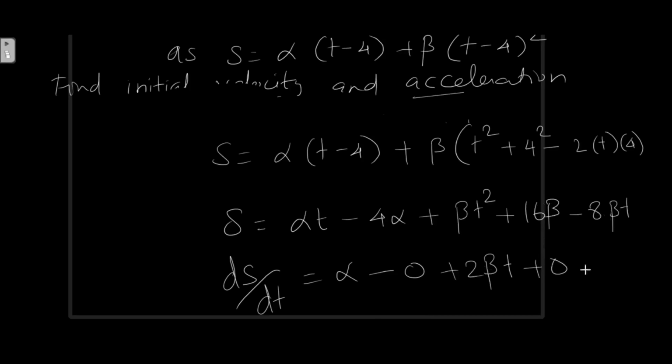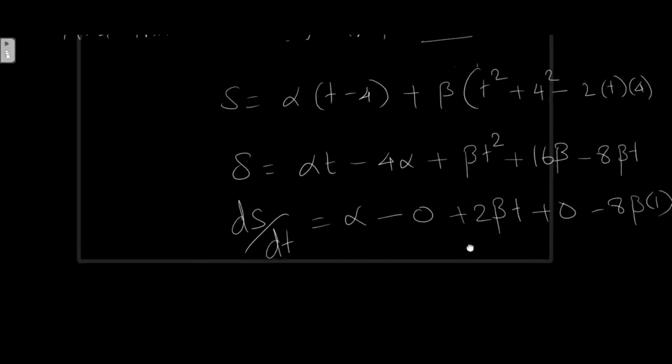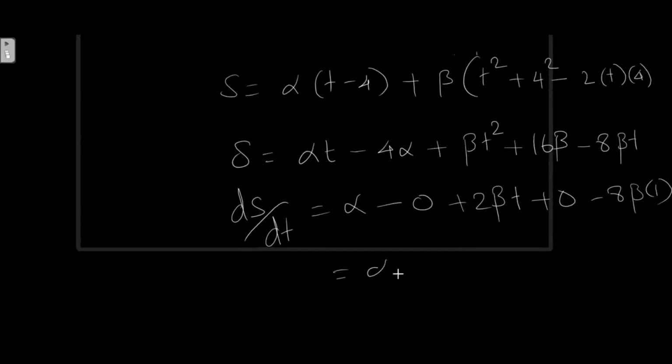Then minus 8 beta of 1. Clear? Now it is a simple equation: alpha minus 8 beta plus 2 beta t.